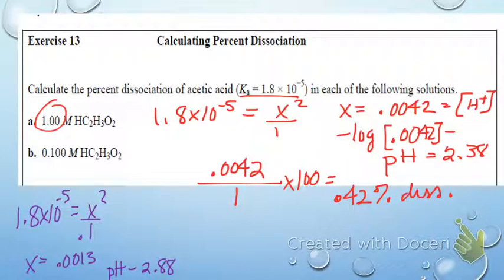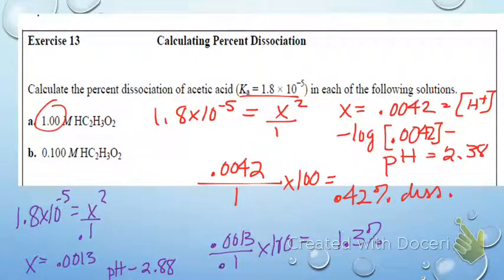It goes up quite a bit, because we would do 0.0013 divided by 0.1 times 100, and that would give us 1.3% dissociation, which is still not very much, but it's basically 3 times as much dissociation.